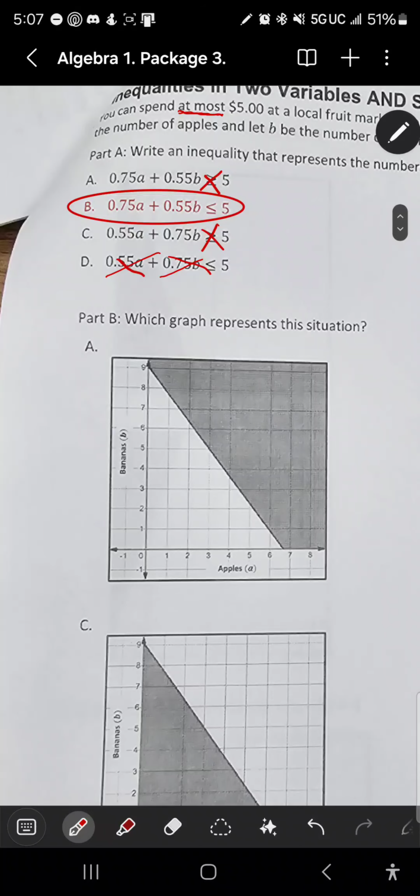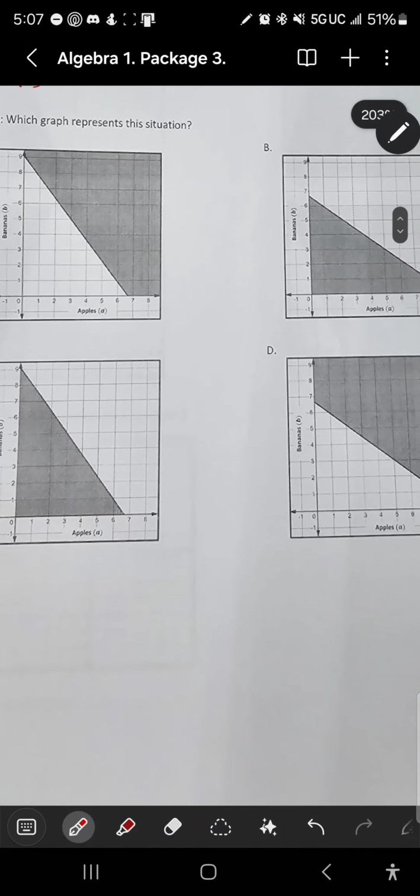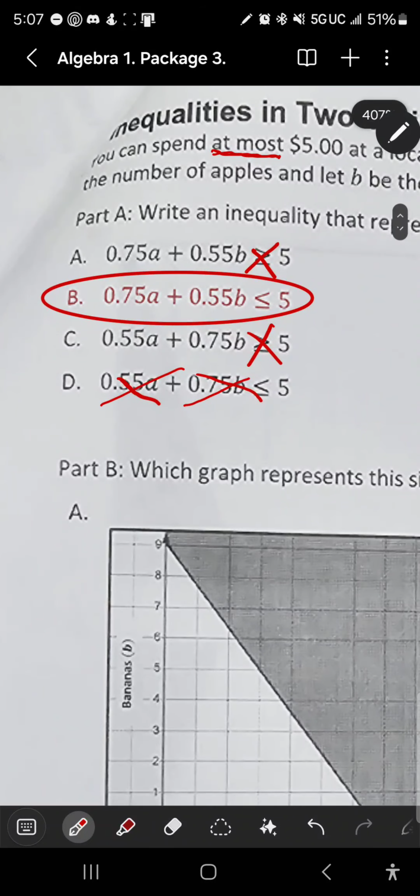Now, which diagram represents the situation? Okay, now this is kind of complicated if you don't know at first. So what I can do is write this as a linear equation, like the way we know y equals mx plus b, or in this case greater than or less than, it doesn't matter.